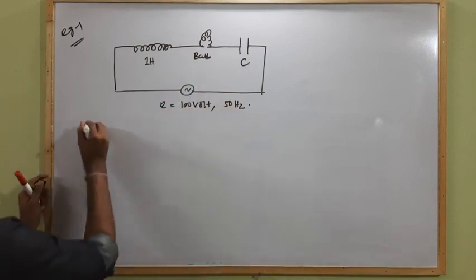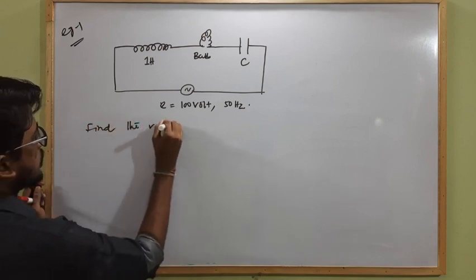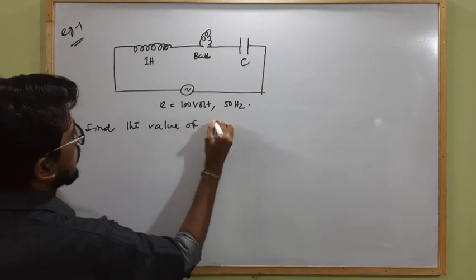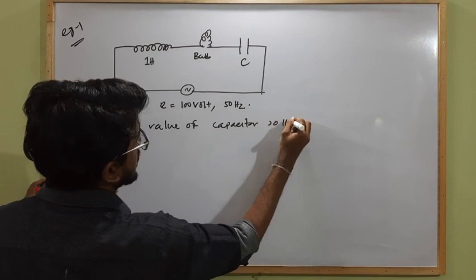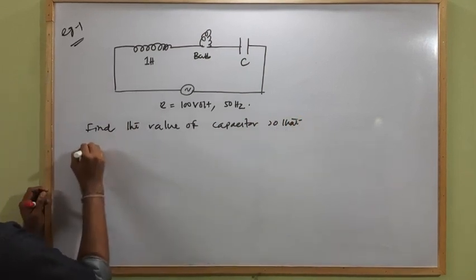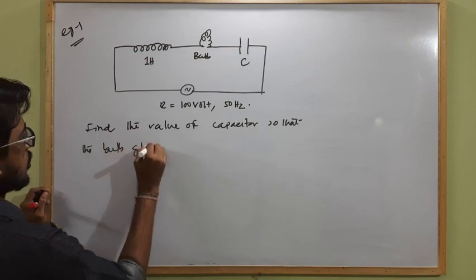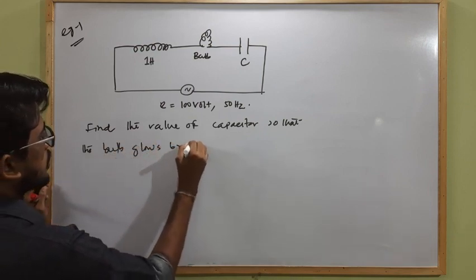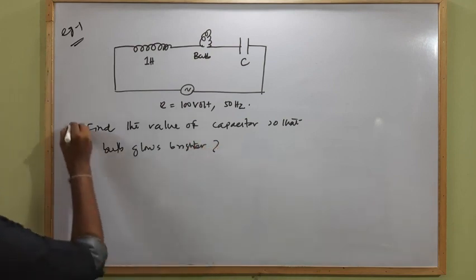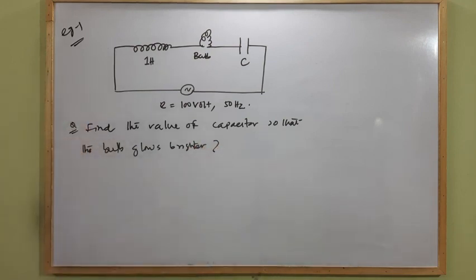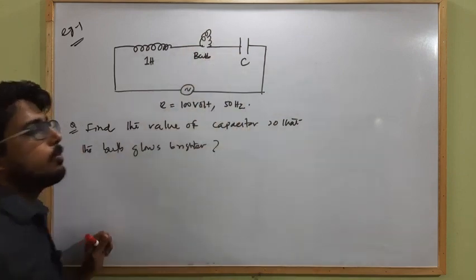So the question is, find the value of the capacitor so that the bulb glows brighter. So we have to find out the value of the capacitor C so that the bulb will glow brighter.